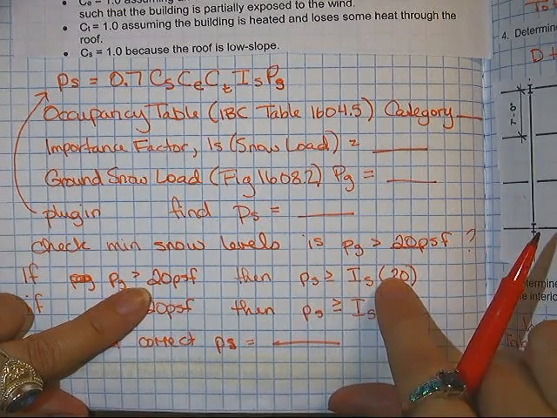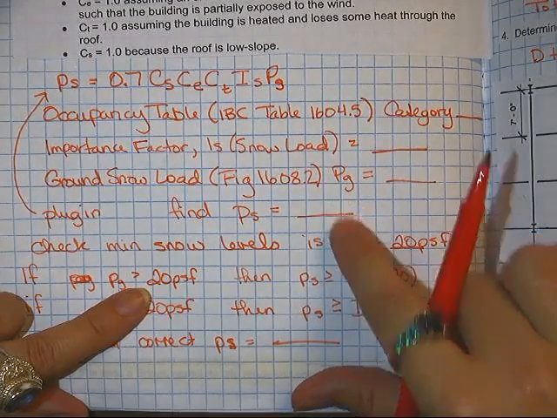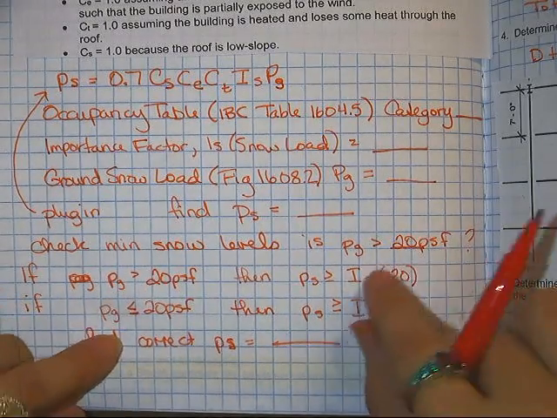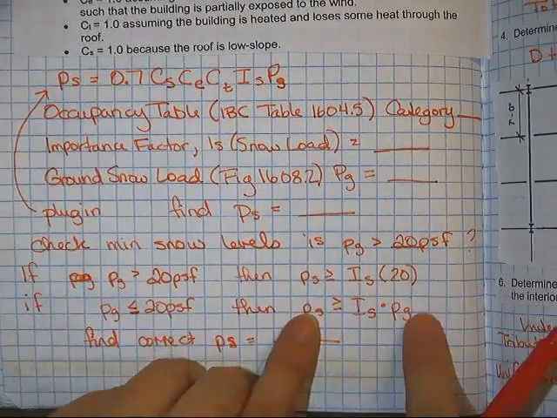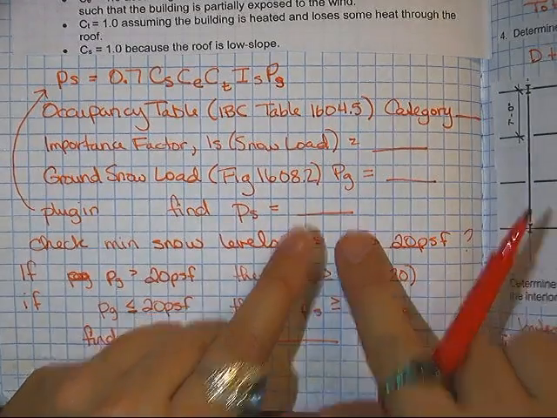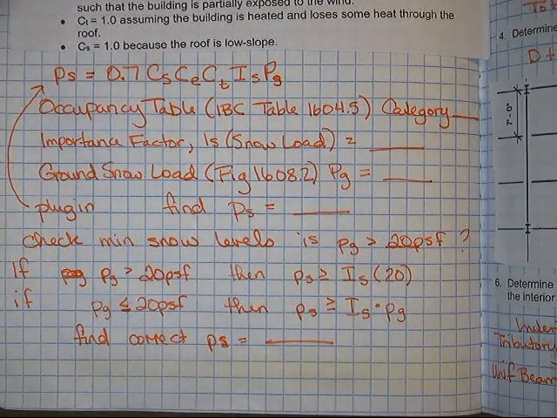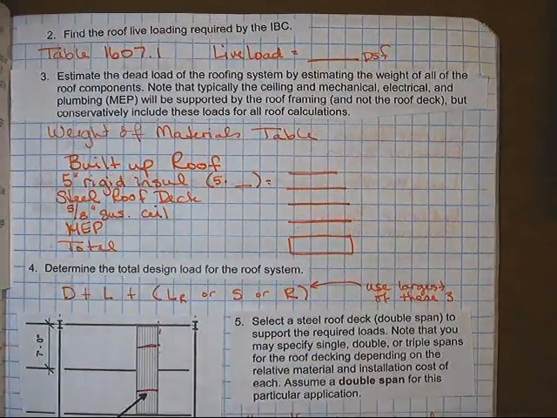Do this calculation, and then use whichever Ps is bigger, the one we got here, or this one. That's what you would use. If on your library Pg is less than or equal to 20, then you'd use this calculation and use whichever one is bigger, this one or that one. We're always looking for the bigger load because we want to use basically the worst case scenario when we're doing designs.